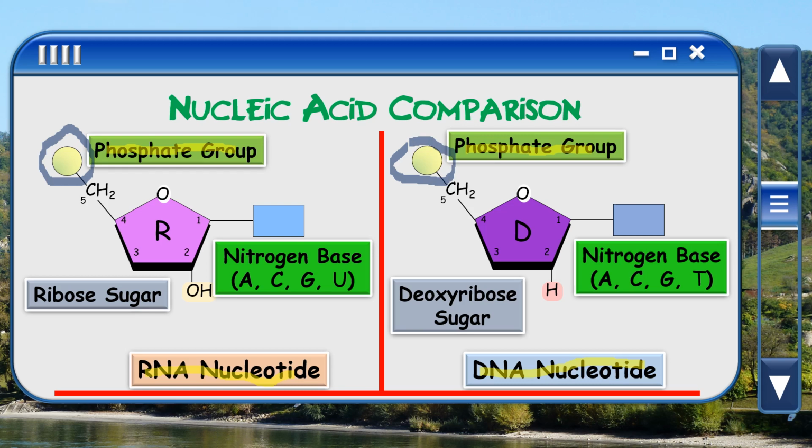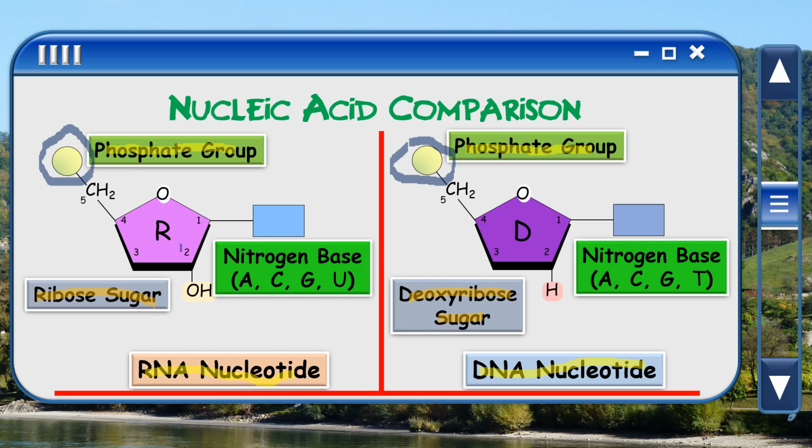Now, when it comes to the sugar, RNA has got a ribose sugar, DNA has got a deoxyribose sugar. They are pentose sugars. The difference is on carbon atom number 2.